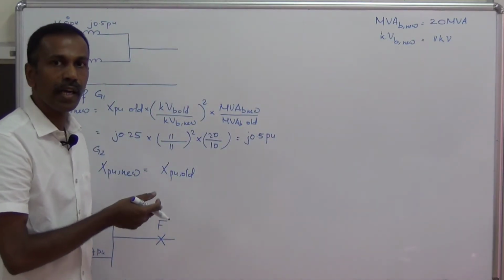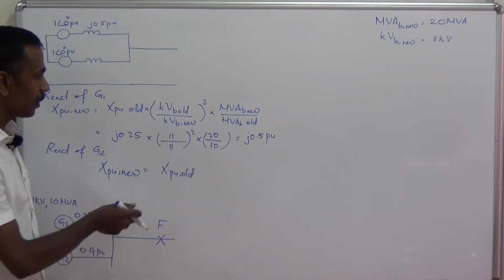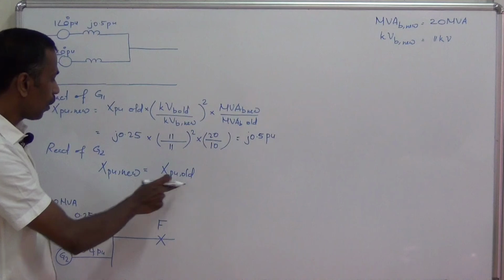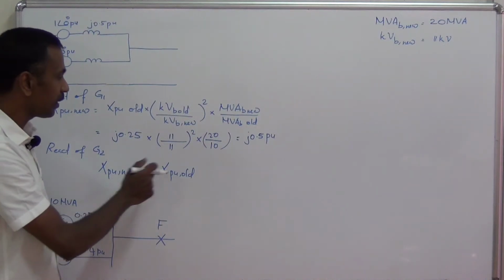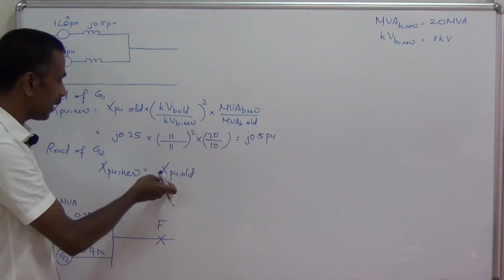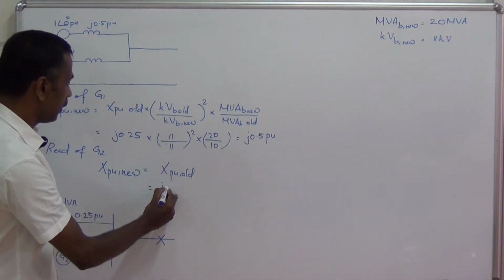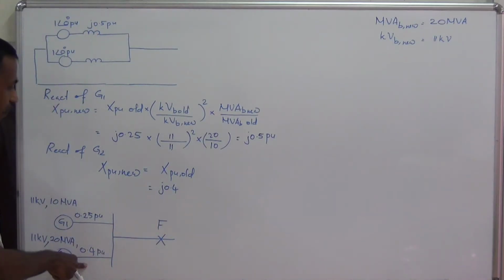As the new base values and the rating of the machine are both the same, X per unit old and X per unit new will have the same value. Even if we substitute the values, we will get the same value here. And this is equal to j0.4 per unit.